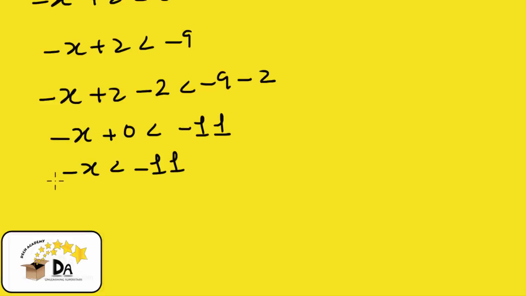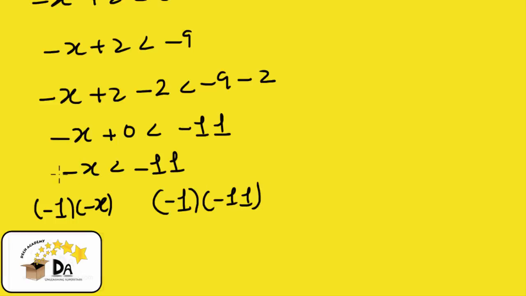So let's multiply through by minus 1 to get rid of this minus. Multiplying the left hand side by minus 1, a negative number, gives this. Multiplying the right hand side of the inequality by minus 1 gives this. Because I multiplied this inequality through by a negative number, I have to reverse the inequality symbol. Simplifying gives the following: minus 1 times minus x is x, minus 1 times minus 11 is 11.